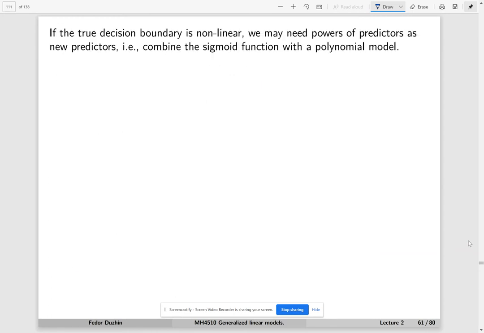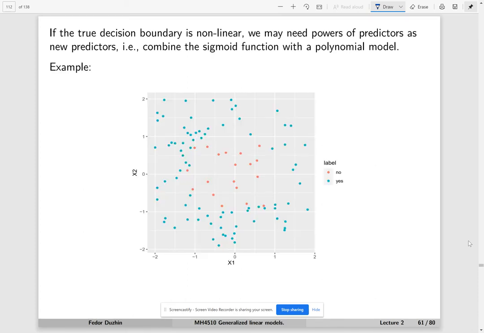Another thing that we could do is that if our true decision boundary is nonlinear, like here, then we may need powers of predictors. So this is something like a polynomial logistic regression, or often it is called multinomial logistic regression. In this case, the true decision boundary is something like a circle.